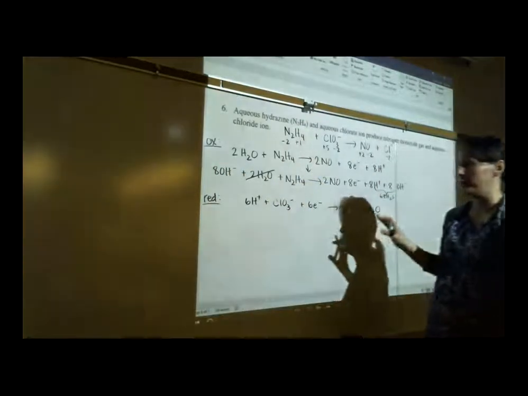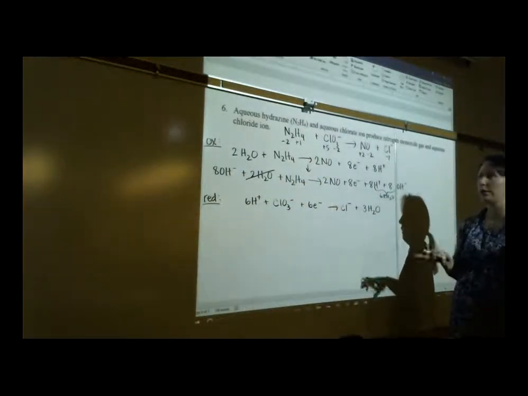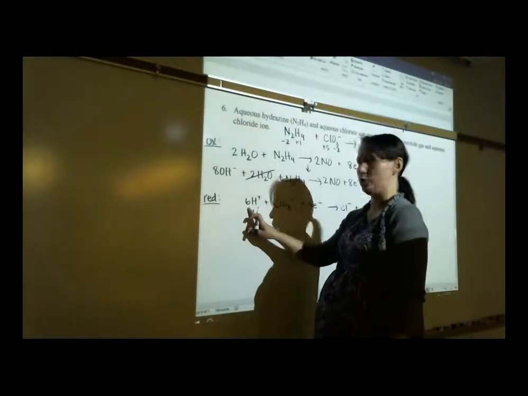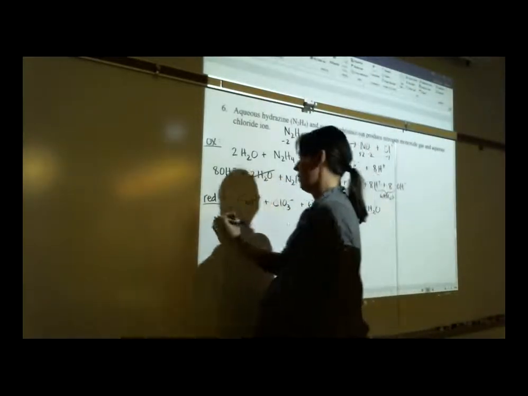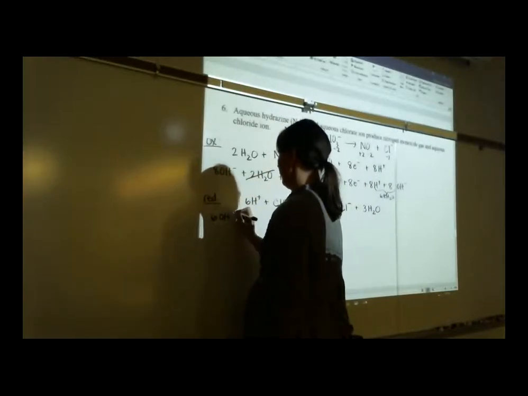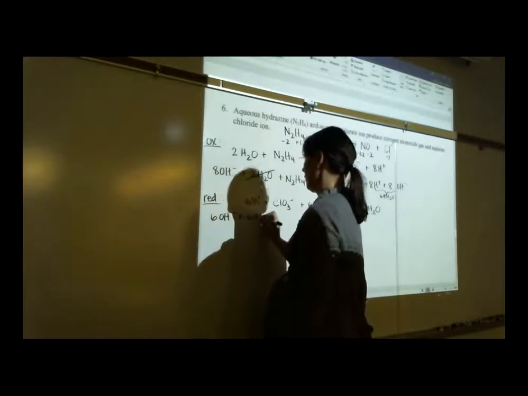Now that's what it would look like if this were occurring in acid, but we need to convert it into base. So let's go ahead and add the equivalent of this 6 H plus to both sides. So 6 OH minus plus 6 H plus.